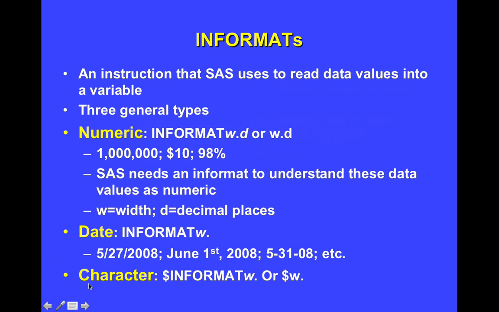And then finally, there are character variables. And character variables, the most important thing to remember is that they generally will always start with the $ sign. So a very simple informat would be a $w saying this is a character variable, and then telling SAS the width of that variable. And there are more complex informats where you can give a specific name of a pre-existing informat followed by the width.